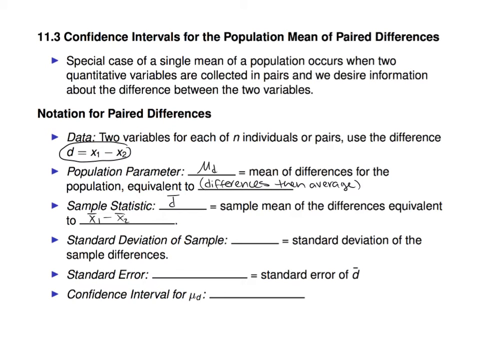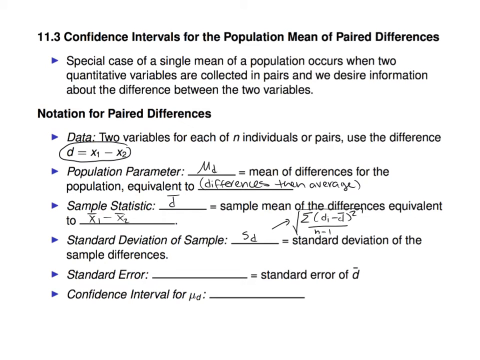Now the difference comes in the standard deviations. The standard deviation of the sample is S sub d, and the way that you find that is you take the sum of the individual differences minus the mean, squared, over n minus 1, and then take the big old square root of that.